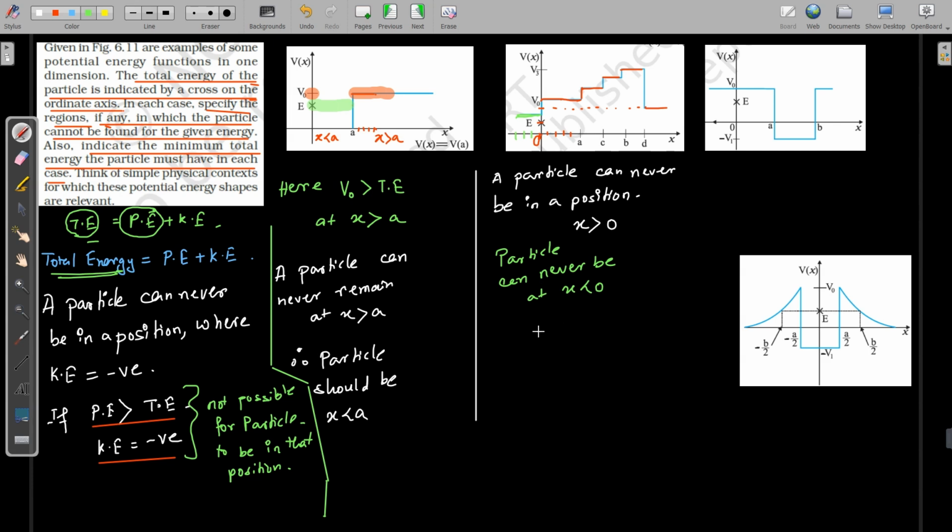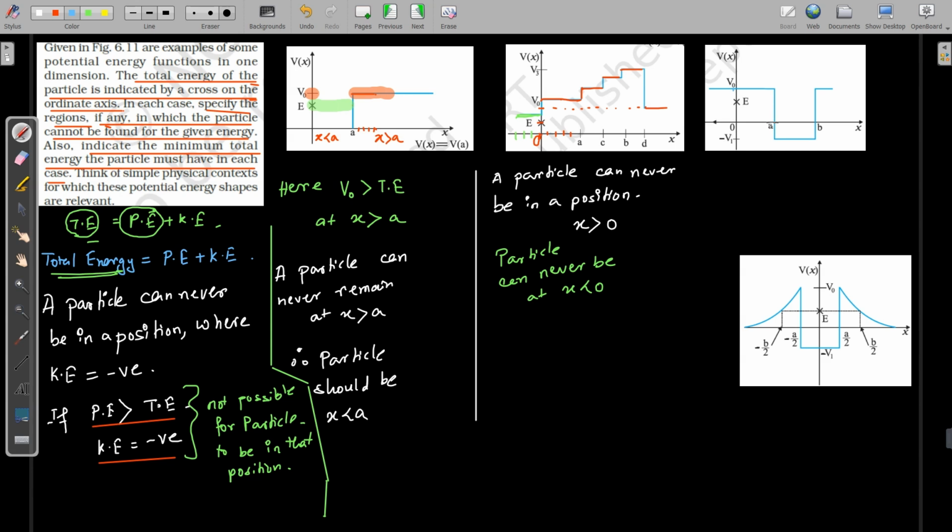So that means this particle can never be in any position, x greater than 0 or x less than 0, because in both the cases we see that the potential energy is greater than the total energy. Clear? Now we move to this question. Here, can you tell me?